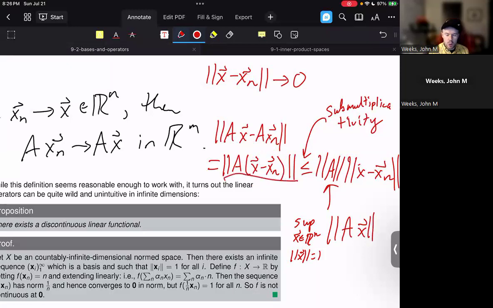Then whatever this norm is, it can't be bigger than the norm of A, because this is the largest possible that such a norm could get for A times a given vector. Here, that given vector that I'm thinking of is x minus x sub n. And if it helps, you could write this like A times y for a little bit. This A times y is less than or equal to the supremum over all possible A times x's, where the norm of x is equal to 1.